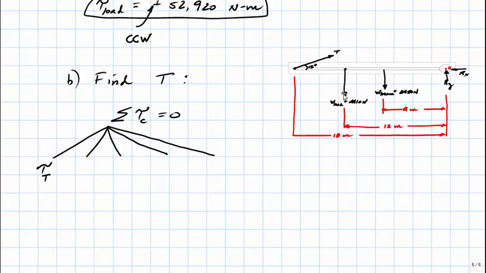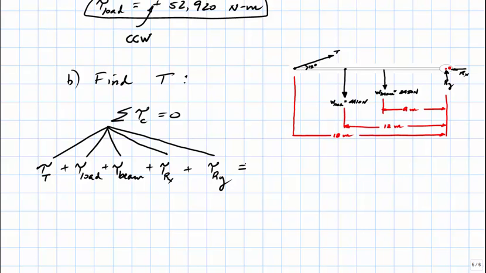Next we have the torque that's produced by the load. We have to consider the torque produced by the weight of the beam. We have to consider the torque of R sub x, as well as the torque produced by R sub y.